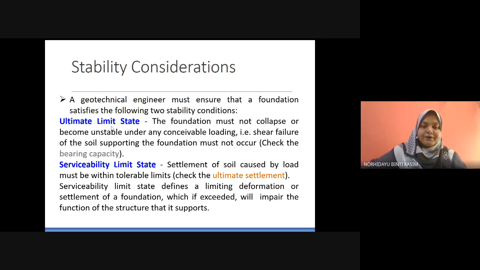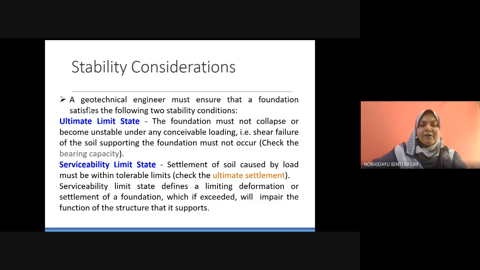SLS defines a limitation for the deformation or settlement. If it exceeds SLS, maybe the structure's function is impaired already, meaning that you cannot use the structure because the settlement has already occurred.